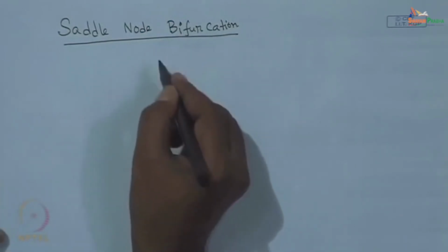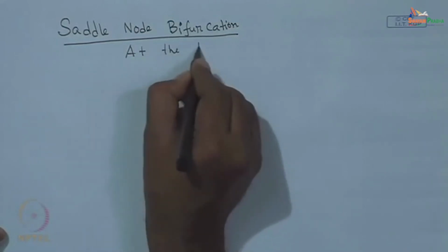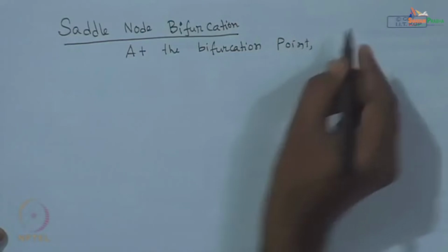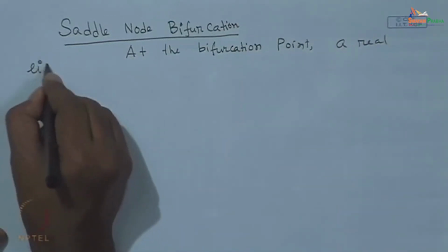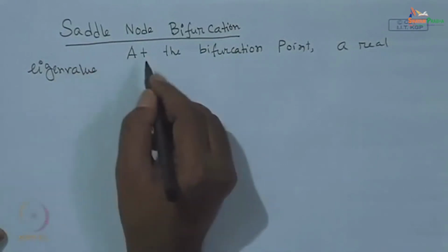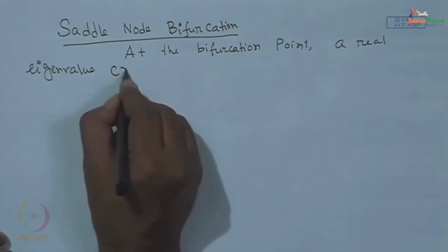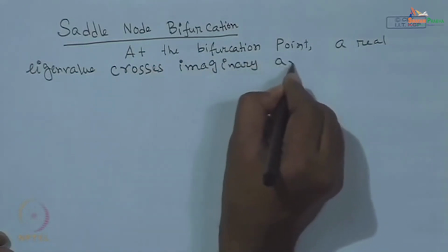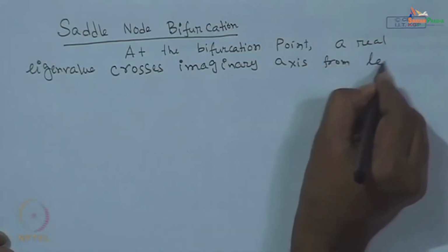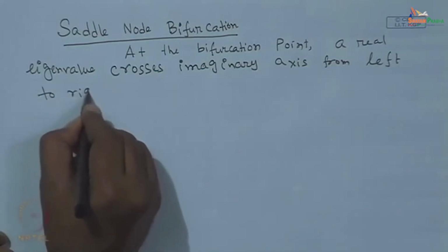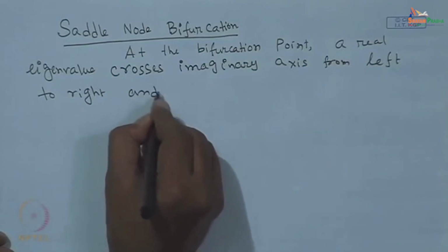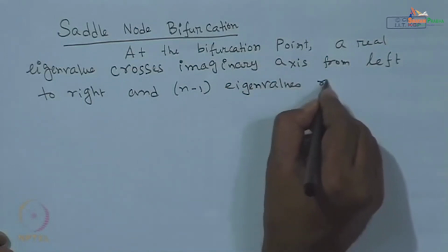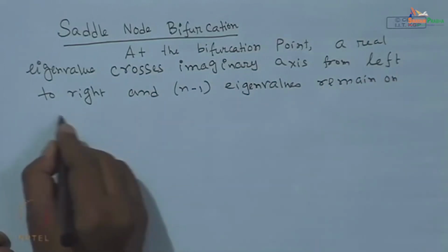In this definition, at the bifurcation point, a real eigenvalue crosses the imaginary axis from left to right, and n minus 1 eigenvalues remain on the left half plane.